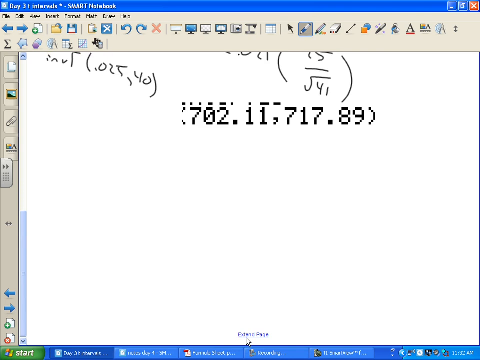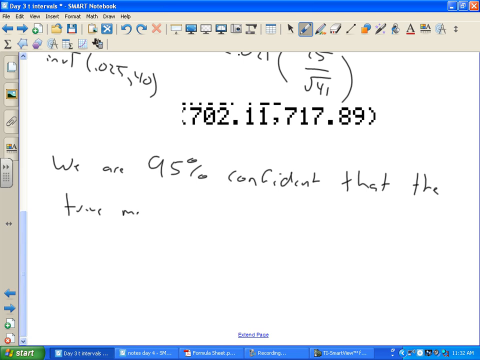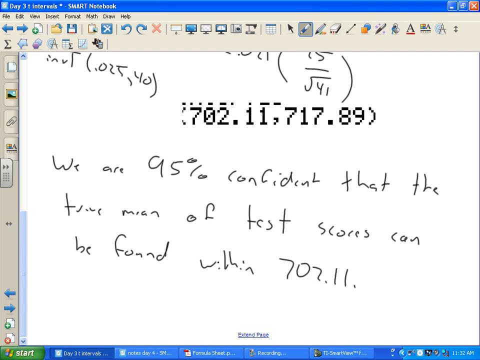Finish it up with your interpretation. We are 95% confident that the true mean of test scores can be found within 702.11 to 717.89.